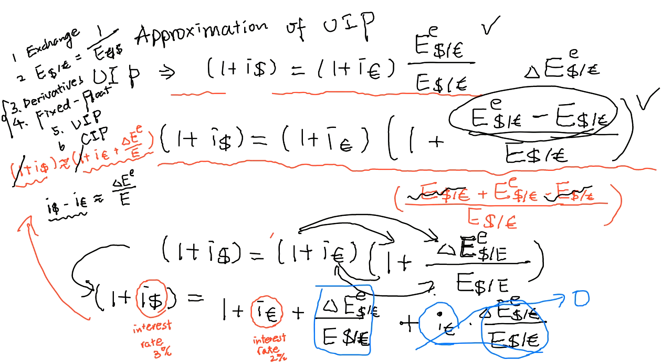Either you deposit in a domestic bank or you deposit in an overseas bank. But in order to deposit overseas, you need to convert your currency twice. You convert your US dollar to the euro first, and then convert it back once you want to claim your return.